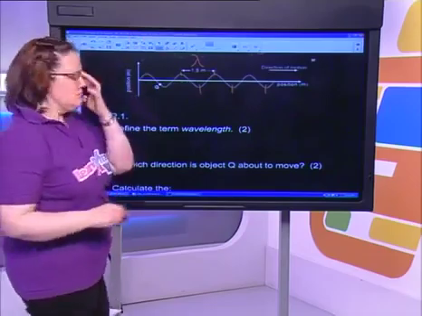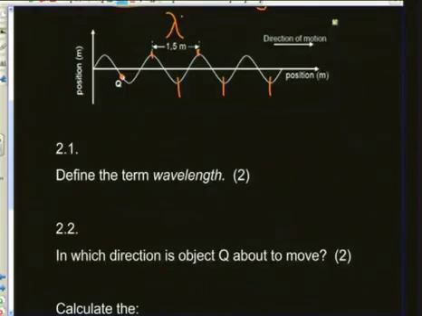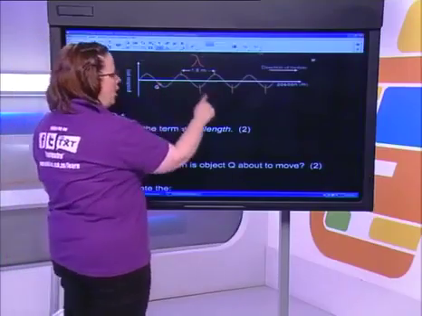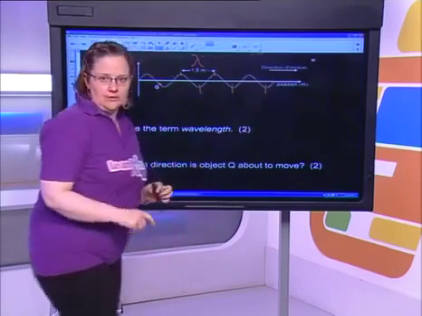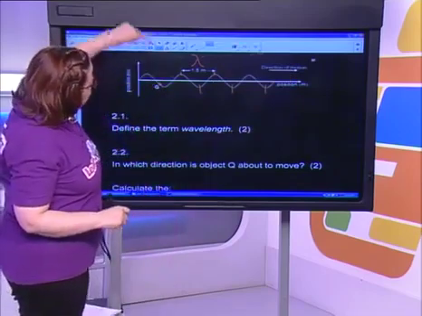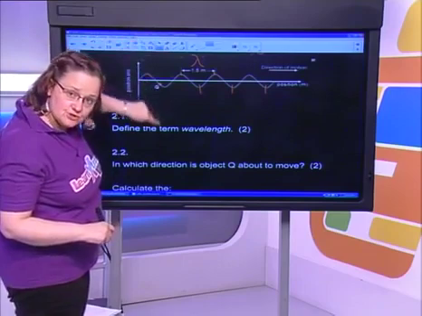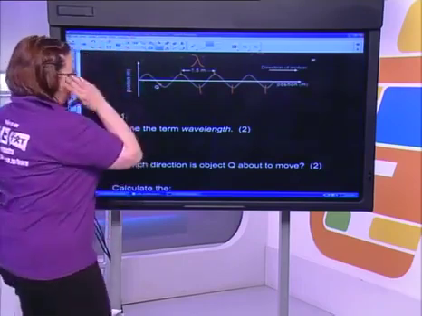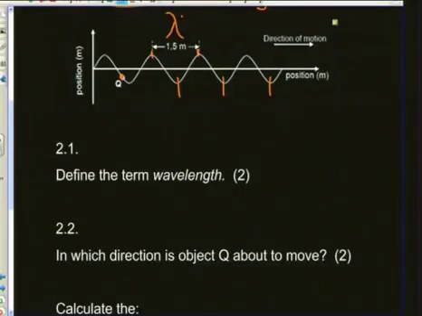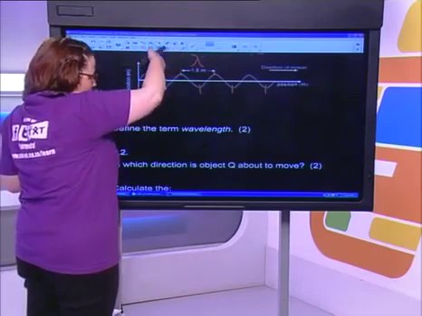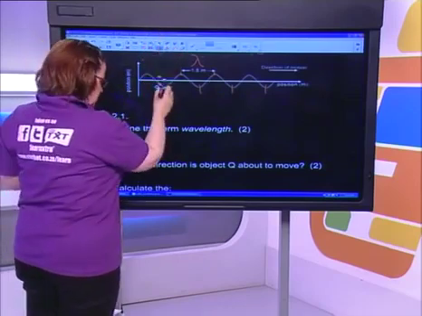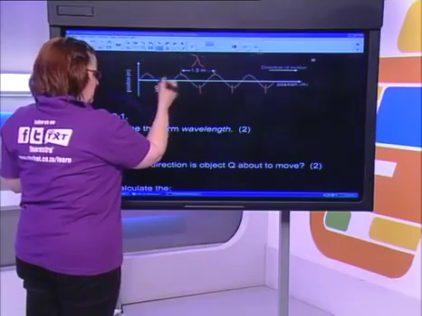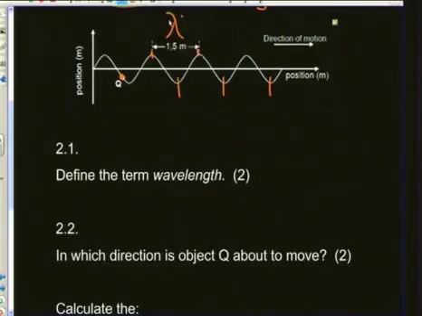So what you need to recognize about Q is it's not going to bob along the string. Q simply goes up and down as the string moves. Now, the wave has the energy of the wave on its way down over here. So this Q is over here, which I've lost my pen. There we go. Q is here.